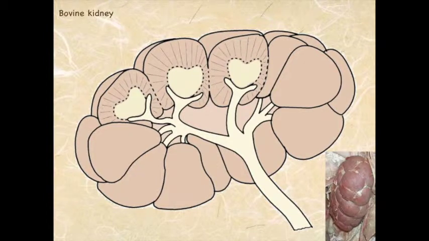Okay, so here we've got a section through to show that the cortex is kind of like a cap, and the pyramid is basically what the medulla is here. At the tip of the pyramid we have the papilla.